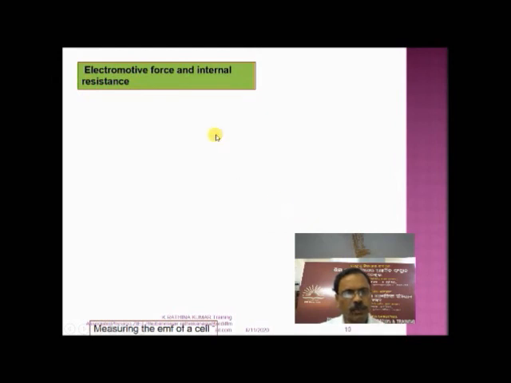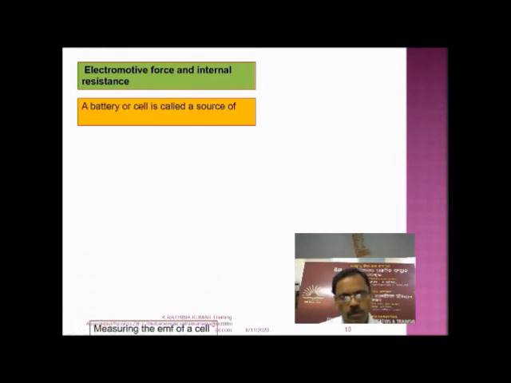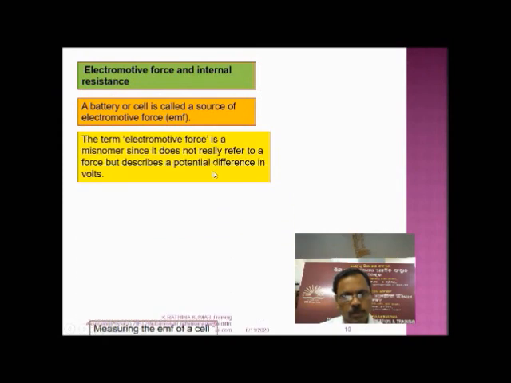Next, electromotive force and internal resistance. A battery or a cell is called a source of electromotive force. The term electromotive force is a misnomer since it does not really refer to a force, but describes a potential difference in volts.